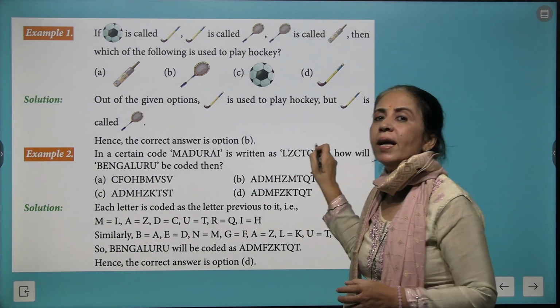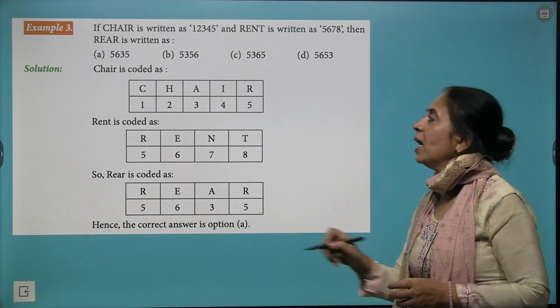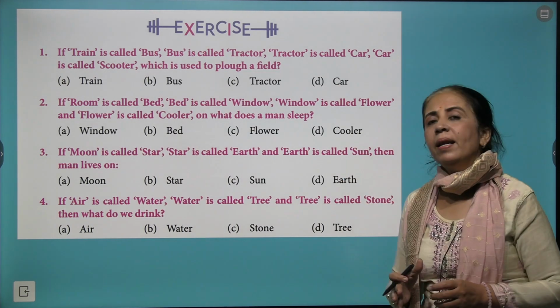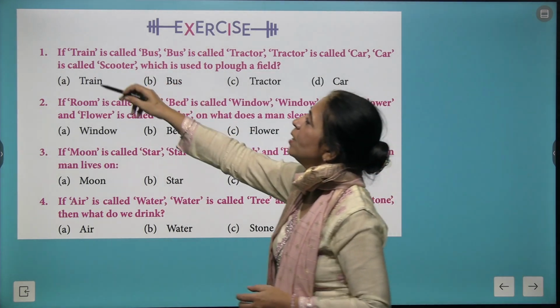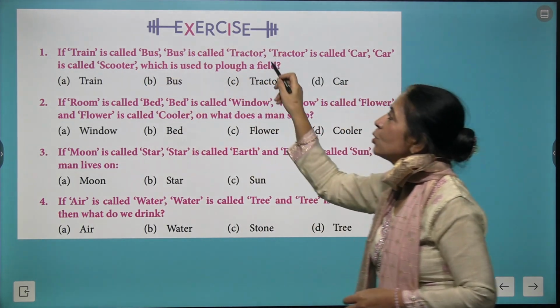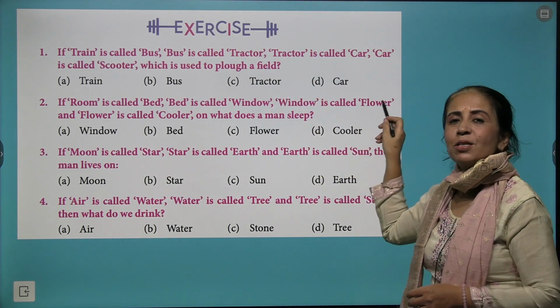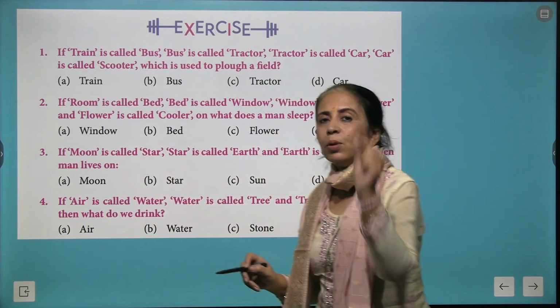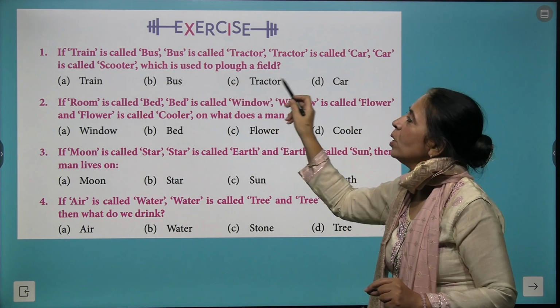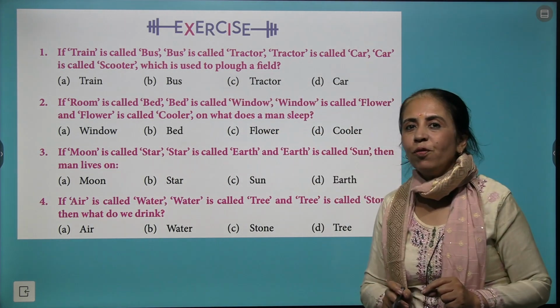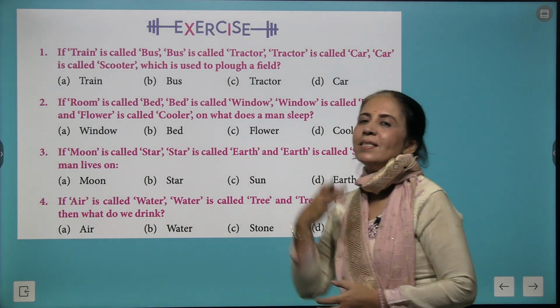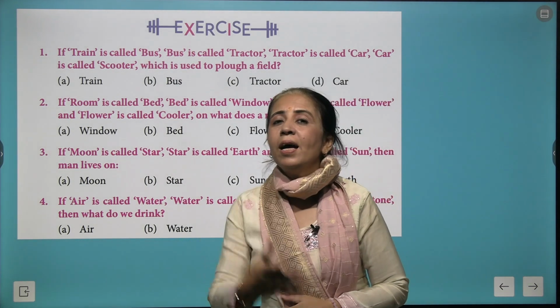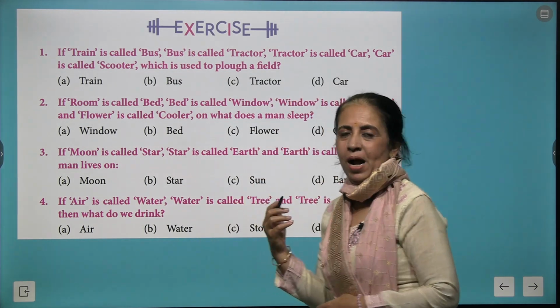So moving ahead, now we come to the exercise part, and let's see that train is called bus, bus is called tractor, tractor is called car, and car is called snooker. Now the question is, what do you use to plow the field? So every time you will get such funny answers that you will laugh at your answers.